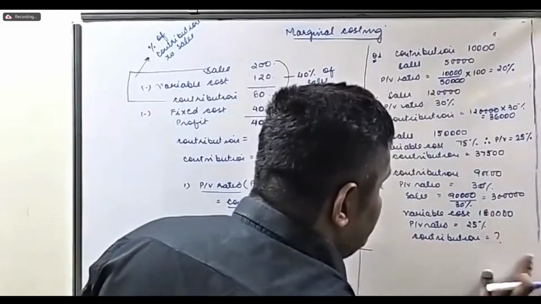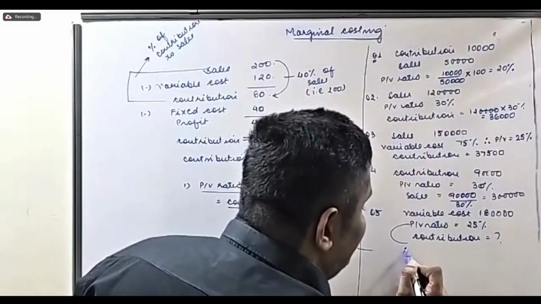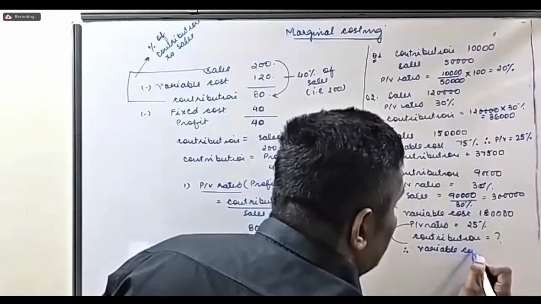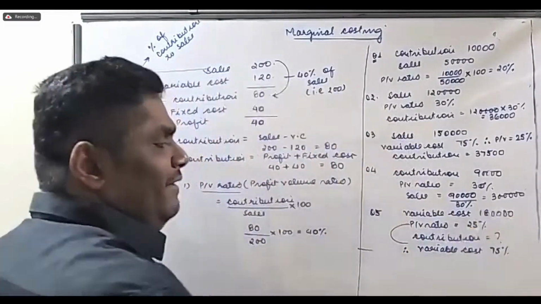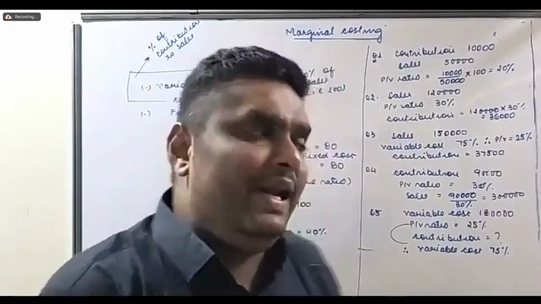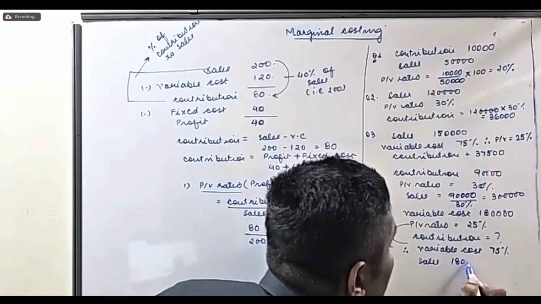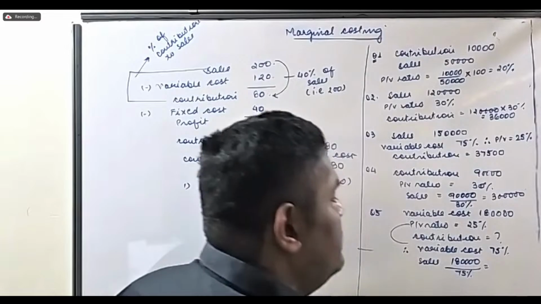Now see here, in this part we have to calculate contribution. Since PV ratio is 25%, therefore variable cost will be how much? 75%. This 75% is what? 1,80,000. So we can easily calculate the total sales. So sales will be how much? 1,80,000 divided by 75%.